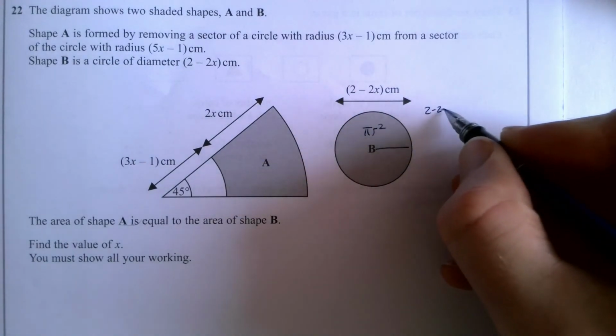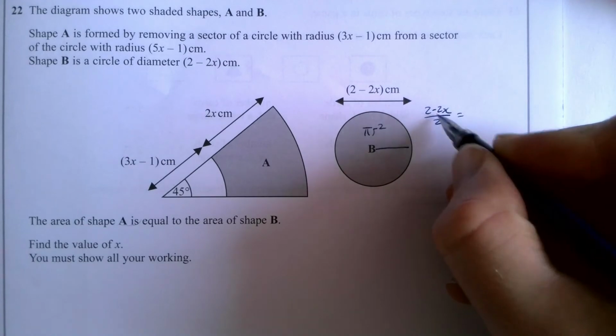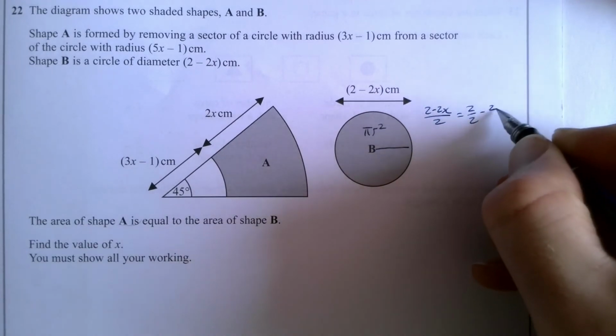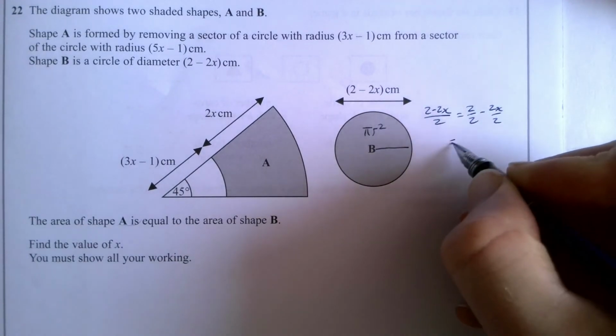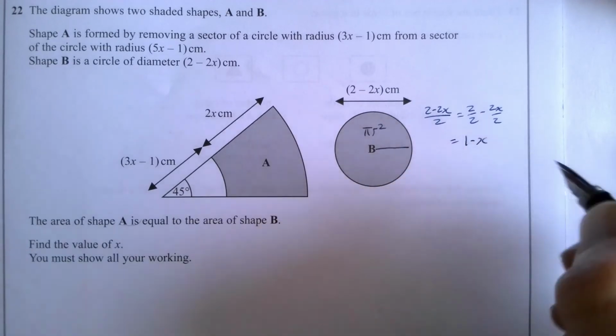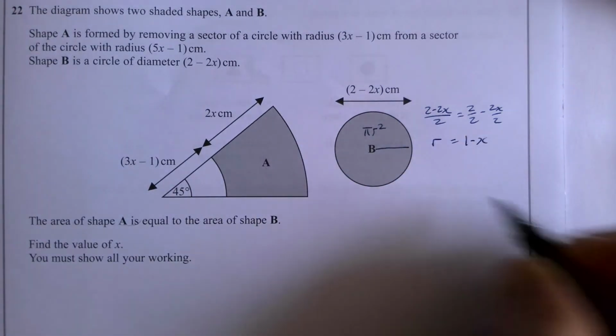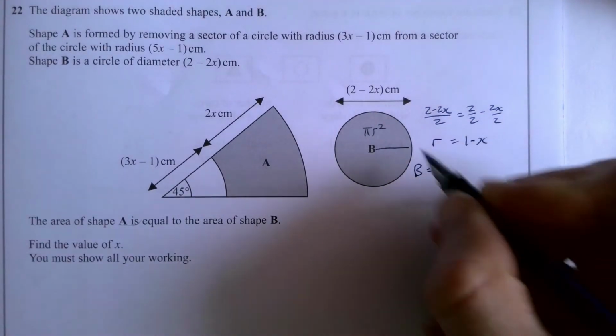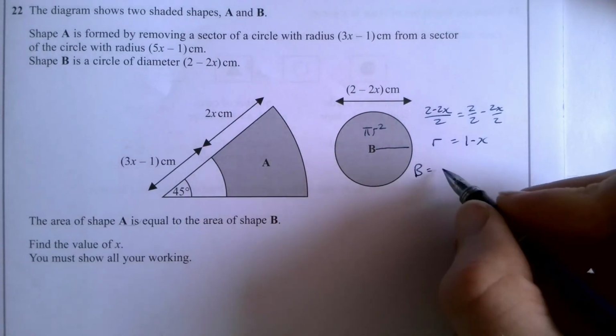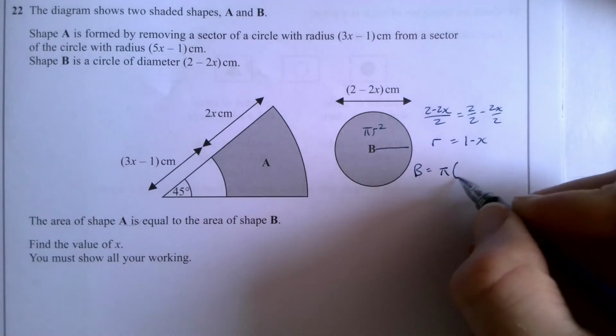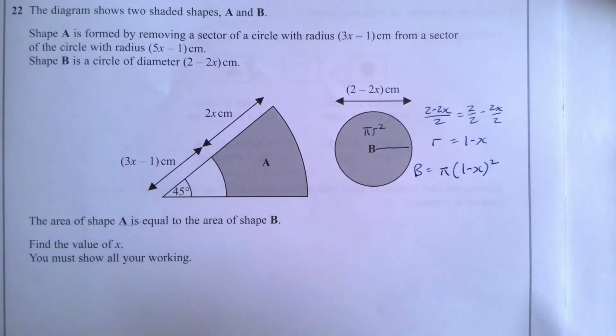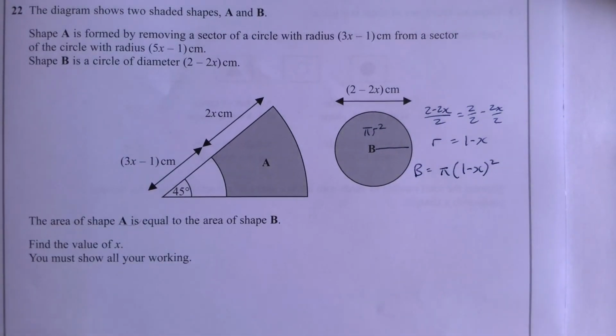So 2 minus 2x over 2. That's the same as saying 2 over 2 minus 2x over 2, isn't it? So that's the same as saying 1 minus x is the radius. So the area of B is going to be pi times 1 minus x squared. Just leave that like that for now. That's going to be equal to this area.